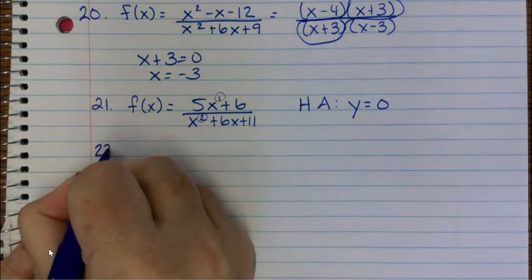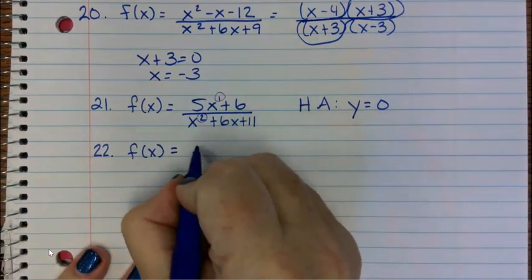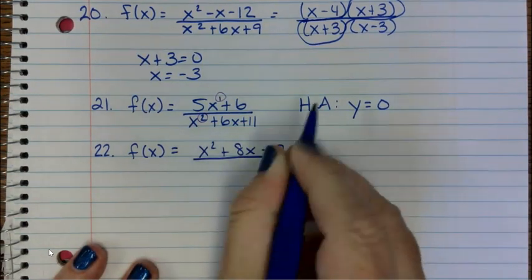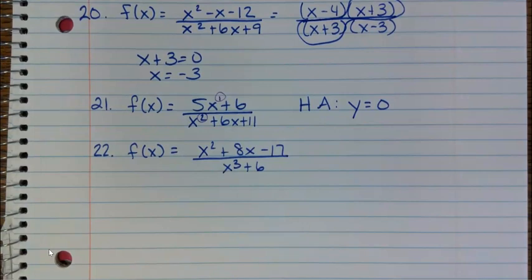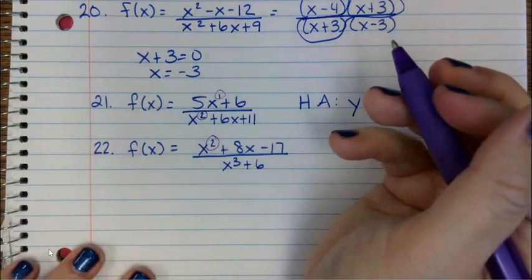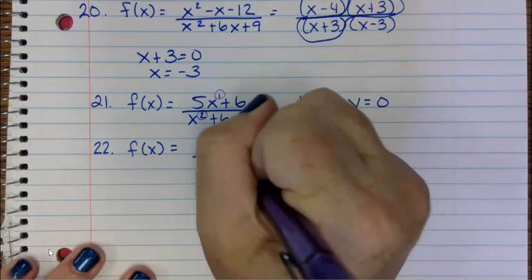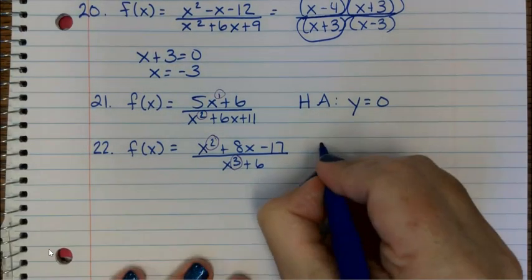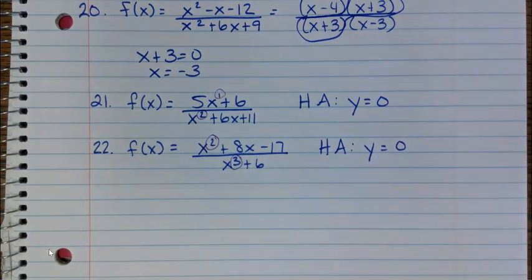Okay. x squared plus 8x minus 17 over x cubed plus 6. So my degree on top is 2, and on bottom is 3. So if it's bigger on bottom, HA is y equals 0.